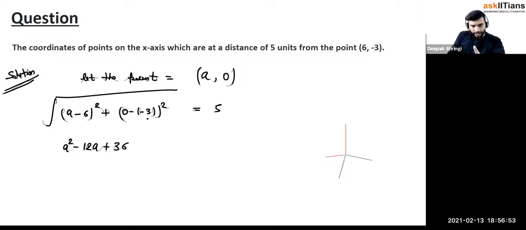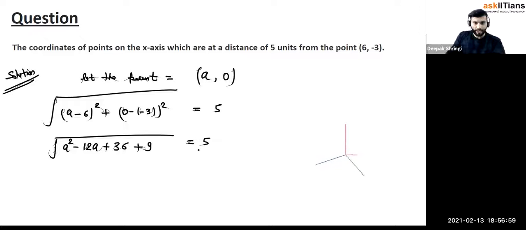And look at this, guys, minus into minus will become plus, so it would be 3 square, it would be 9, inside the square root. That is important. If I square both sides, I'll get a square minus 12a plus 45 equal to 25, right, guys? So that would become a square minus 12a plus 20 equal to 0.